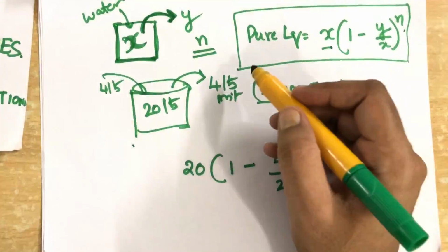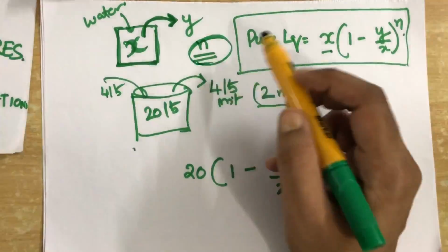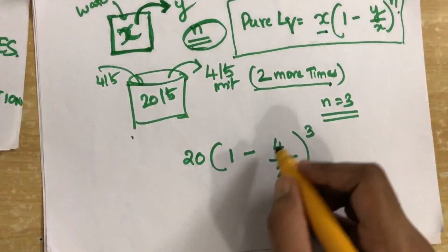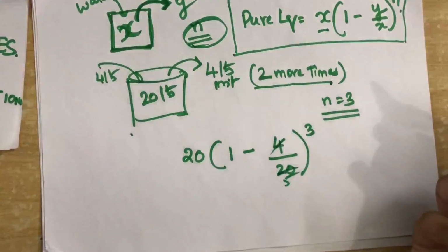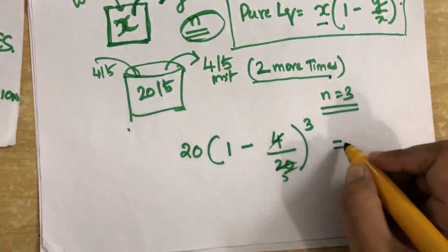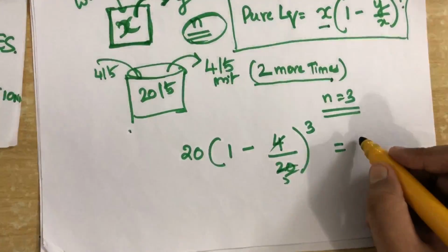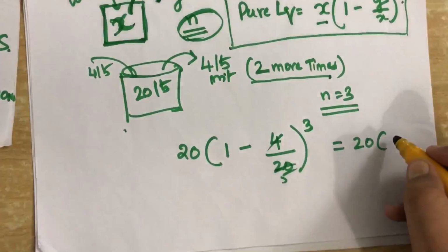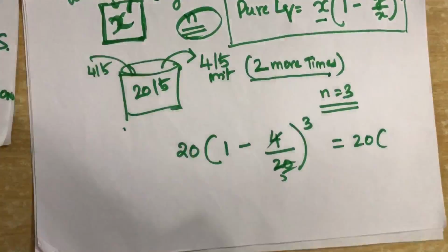Now n is the number of times this operation has been repeated, in this case 3. So 4 by 20 is 1 by 5, which is 0.2. 20 into 1 minus 0.2 is 0.8.